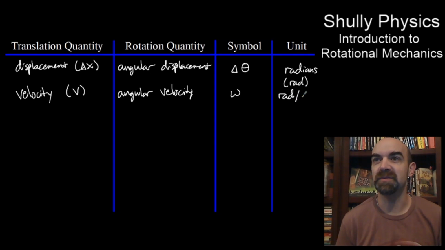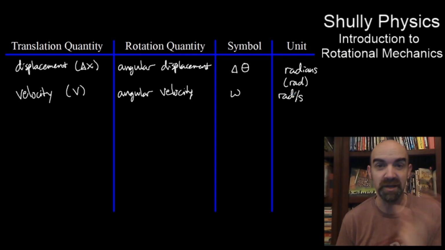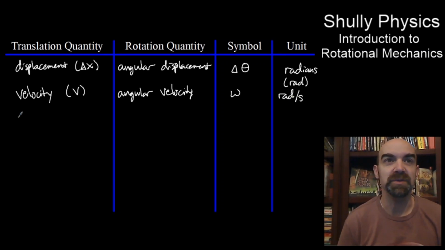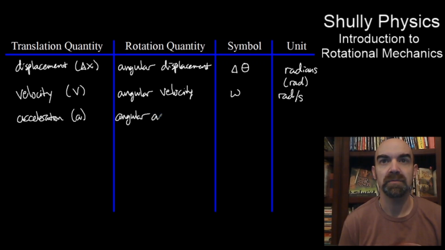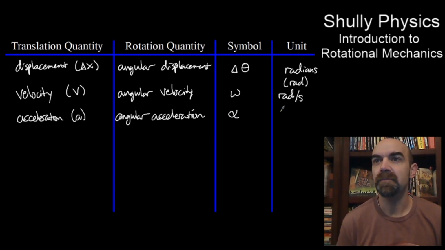So radians per second is a unit for angular velocity. How quickly does angle change? That angular position change. After that, we divide by time again, and we get angular acceleration, denoted by the Greek letter alpha. And this would be in radians per second squared.